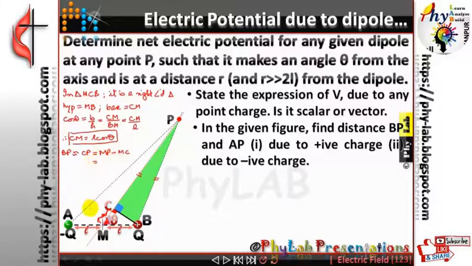Now what is MP? Remember, MP was R. And what is MC? That is L cos theta. We have just now calculated over here, isn't it? So BP comes out to be R minus L cos theta, friends.